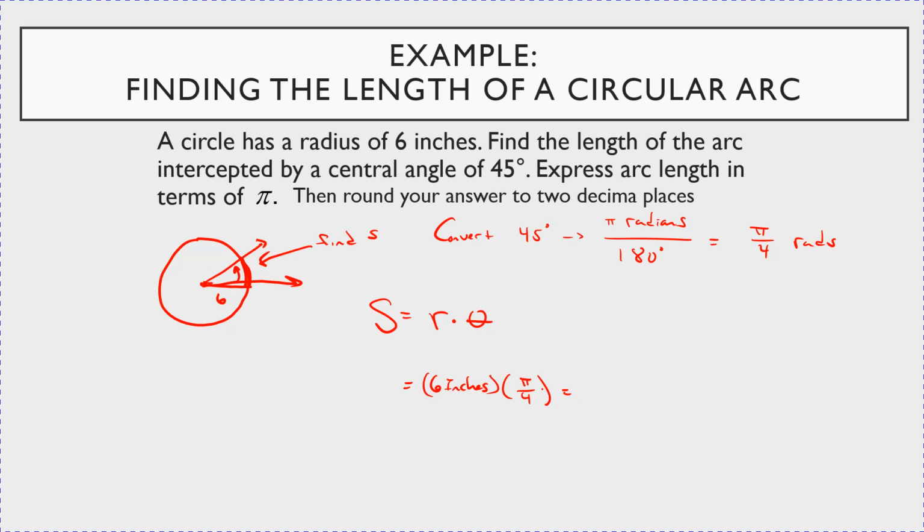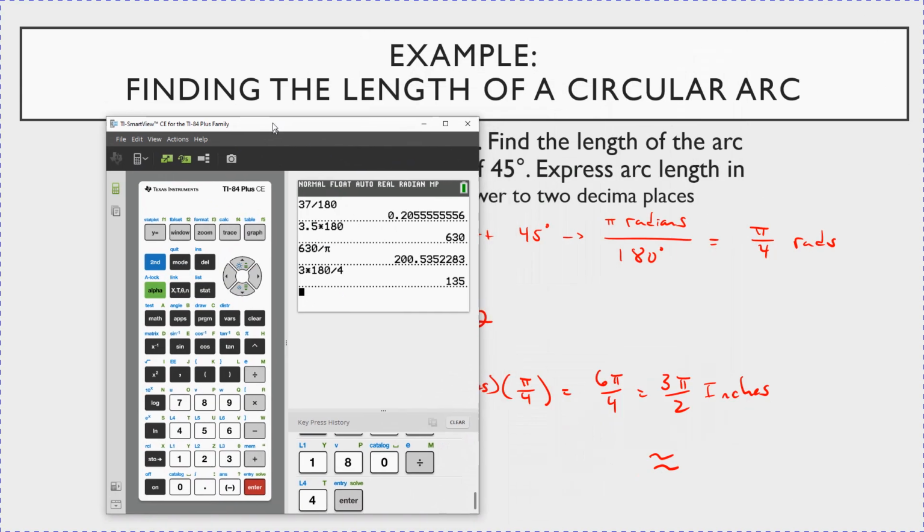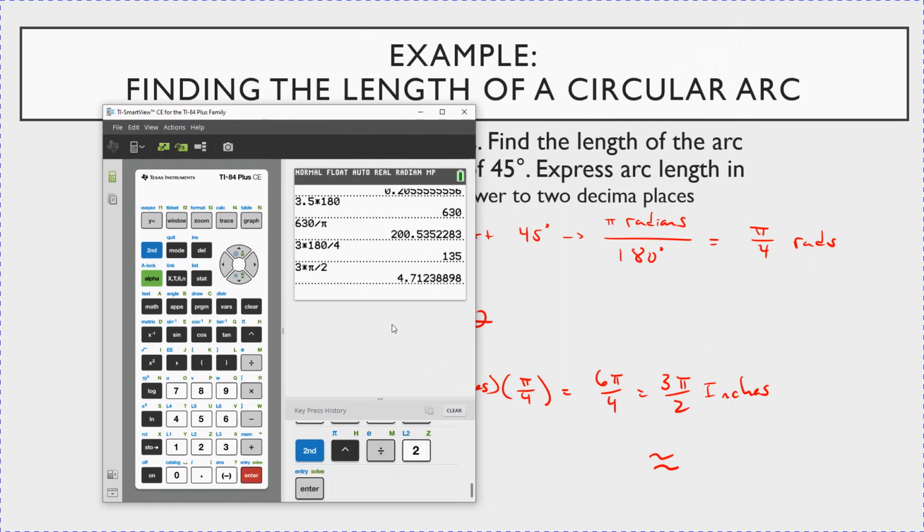So this would be 6 pi over 4, which would be 3 pi over 2 inches. And then going to 2 decimal places, you're just going to need your calculator. So this would be 3 times pi divided by 2, and going to 2 decimal places would be 4.71 inches.